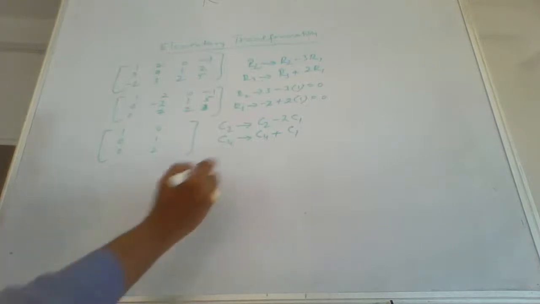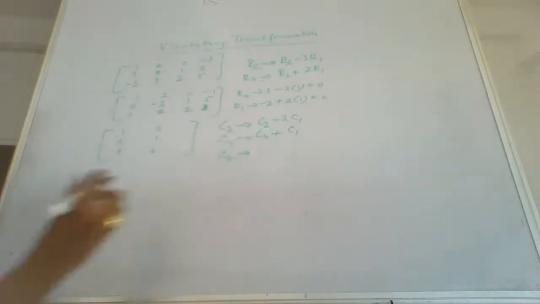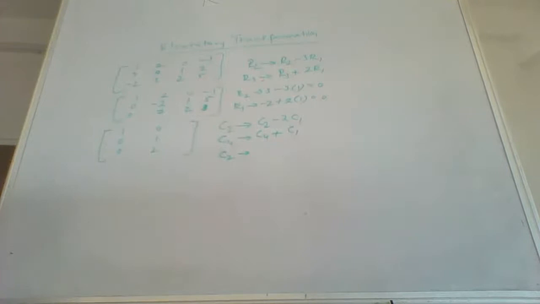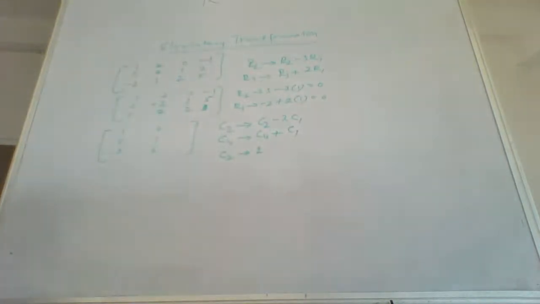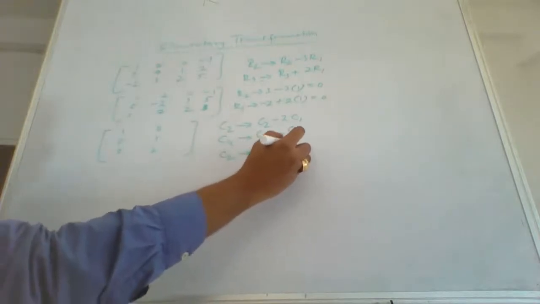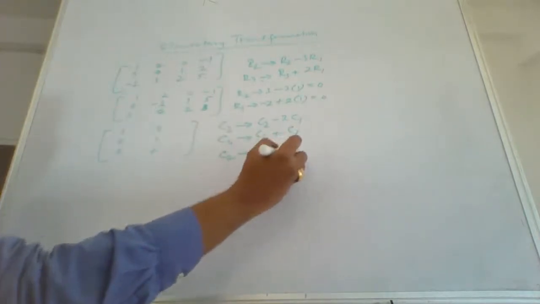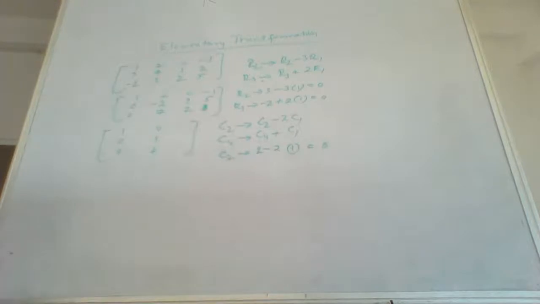Okay. So in column 2 I have 2. So I have 2 minus 2 times column 1, which is 1. So that results in 0. So this is for the column 2.